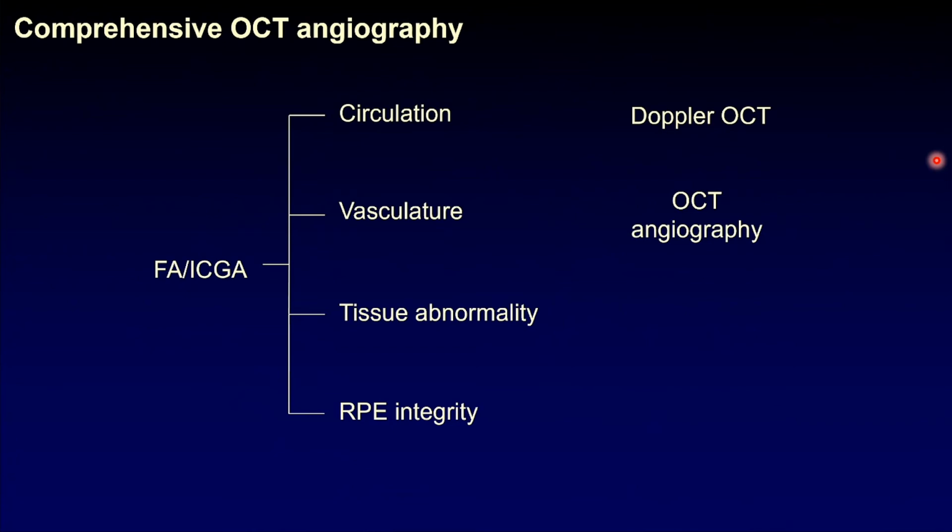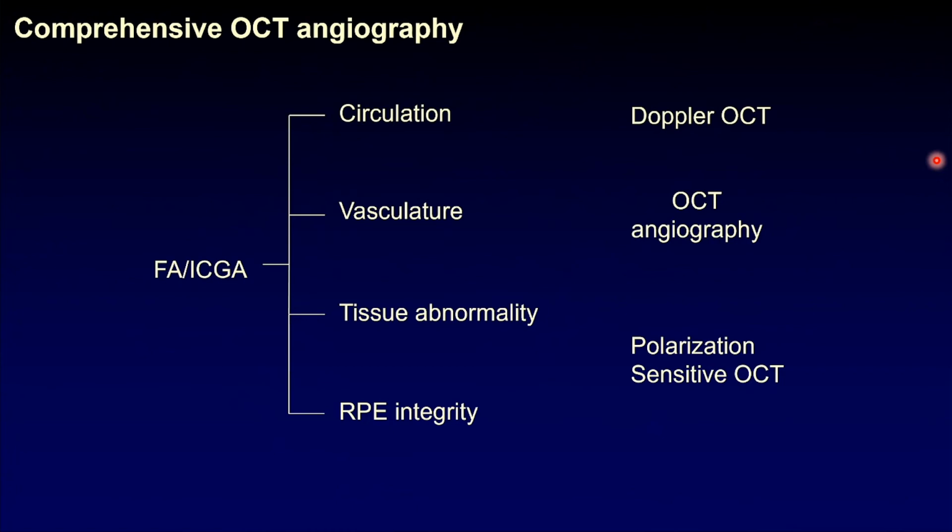And OCT angiography in the conventional meaning, the old classical OCT angiography, it's classical, but still it's only 10 years old, can give us the vasculature information and the vascular structure abnormality information. The tissue abnormality can be measured by using polarization sensitive OCT. Okay, so the point is, by using several extensions of OCT, we can measure each piece of information.